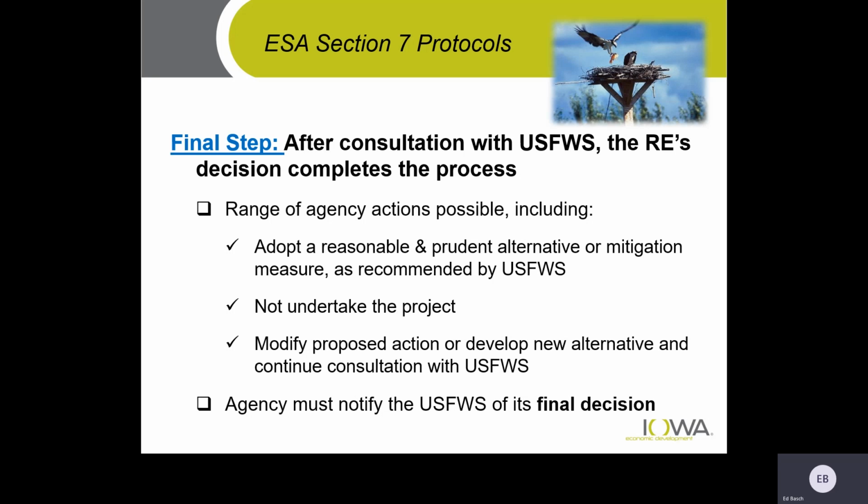That's most of the time not a reasonable option, though. Or you can modify your proposed action or develop new alternatives and continue consultation with Fish and Wildlife to find a solution. And whatever you decide, you need to let Fish and Wildlife know. Okay. Again, that is when there is an effect.